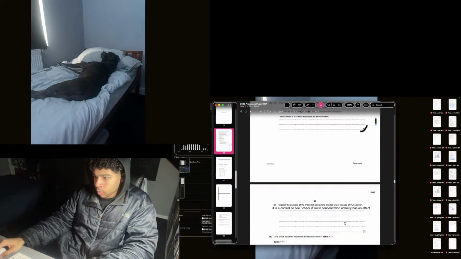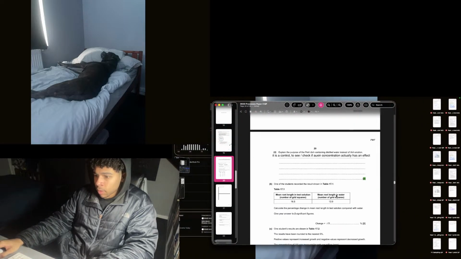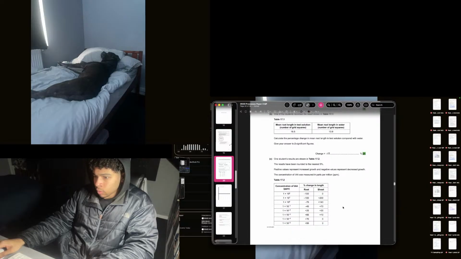Acts as a control. Compare. I'll give that, but I really should have said the word compare there. Plus 19%. Get to 2 sig figs. Let's see, what do they want on this graph?